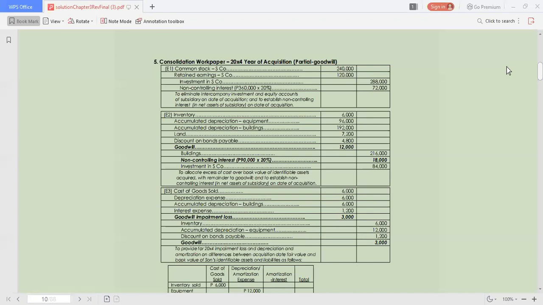We debit accumulated depreciation of equipment in the amount of 96,000, so that the initial amount of accumulated depreciation of equipment, totaling 135,000 and 96,000, is now debited back by another 96,000.